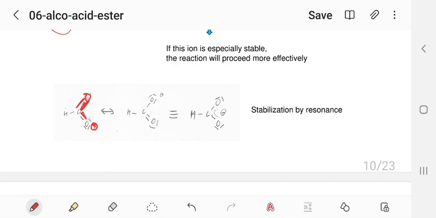So now it has a third lone pair and a negative charge.